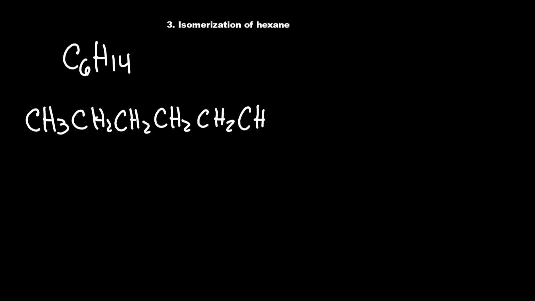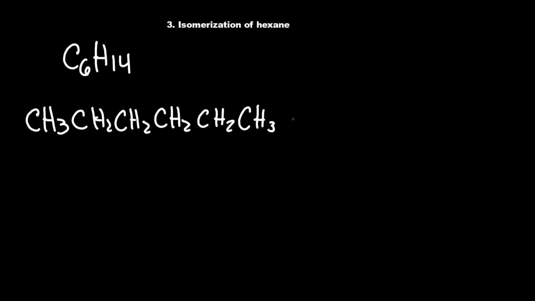Just a reminder, whenever you're dealing with or writing condensed structural formula, on the edge here, you have 3 hydrogen, and on the middle, you have 2 hydrogen, as long as it is not connected to anything, but only to hydrogen.